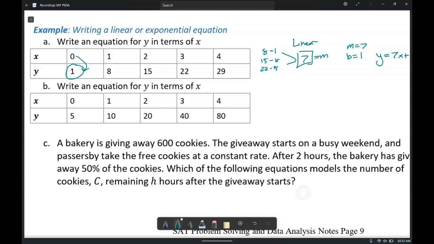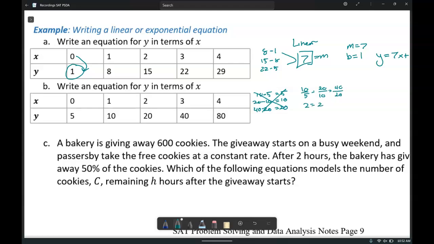Here we look to see if we have a common difference. 10 minus 5, 20 minus 10, 40 minus 20. Those do not give me the same value. So I know I don't have a common difference. Let's look at the ratio. 10 divided by 5, does that equal 20 divided by 10? And does that equal 40 divided by 20?